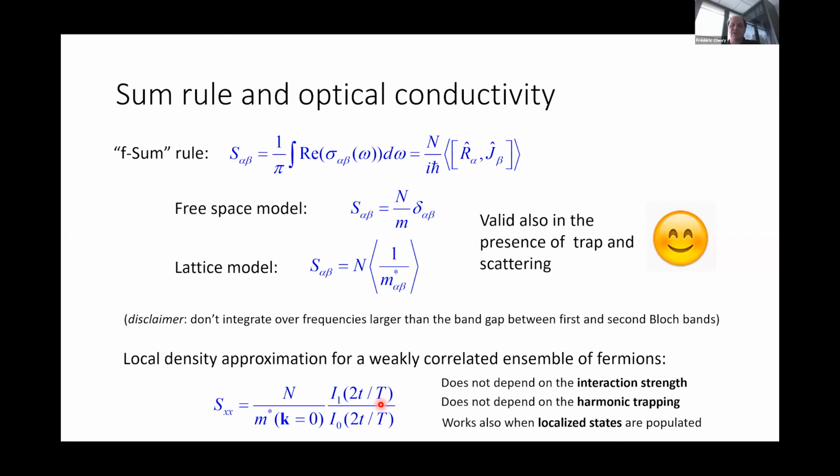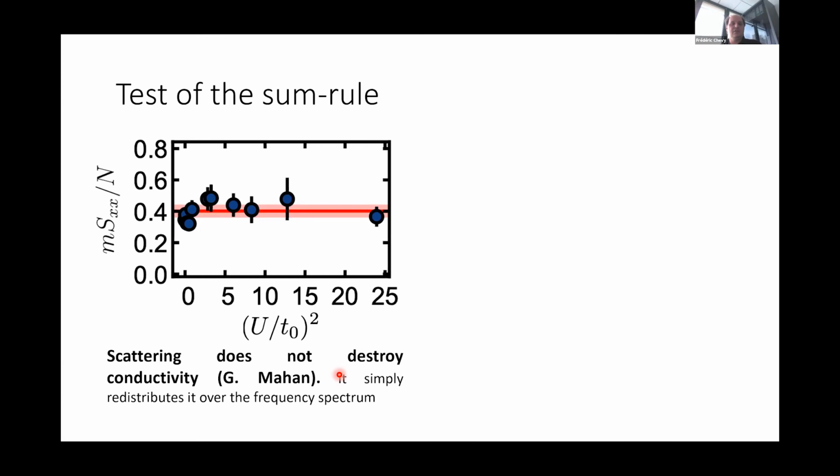It does not depend on the harmonic trapping. This is a consequence of the LDA. And it works whether you occupy propagating, delocalized states, or localized states. So this is a very simple formula that works also in a trap. So we can test the sum rule approach.